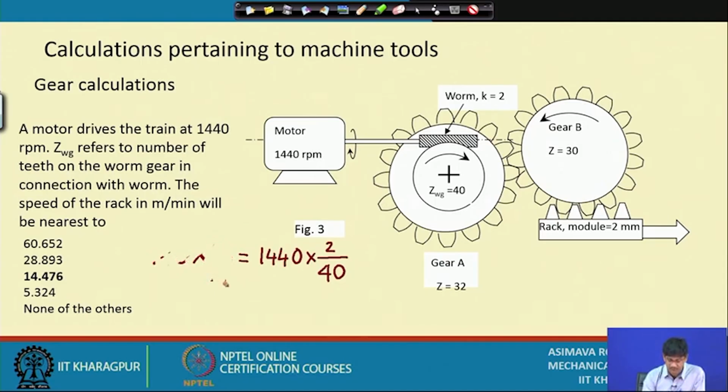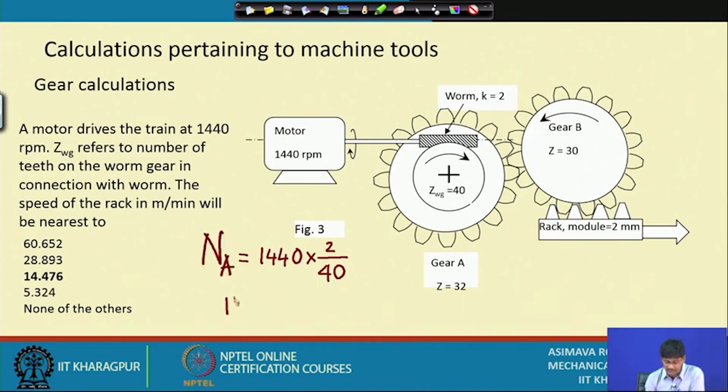We have moved up to the worm gear shaft. That shaft is containing this gear. So, it must be having the same RPM. So, this must be equal to the RPM of gear A, so this is also equal to NA. That is good.